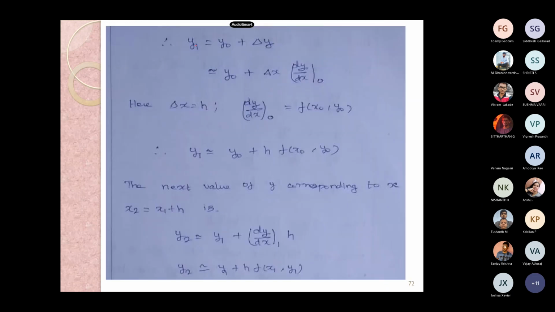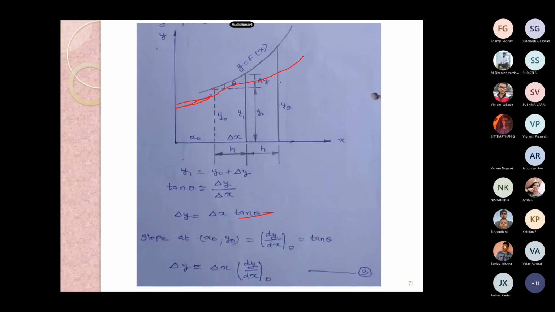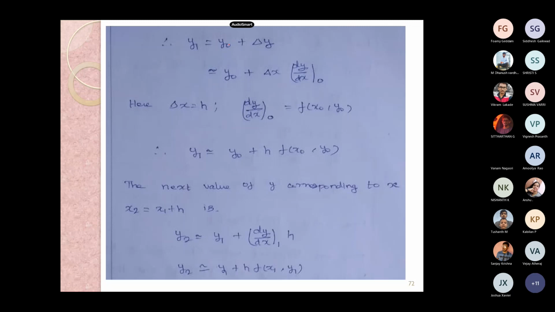So my y1 is equal to y naught plus delta x into dy by dx. I am applying this delta y in the basic formula for y1. So y1 is equal to y naught plus delta y. Instead of delta y, I am applying delta x into dy by dx, and instead of dy by dx, I apply f of x naught, y naught.